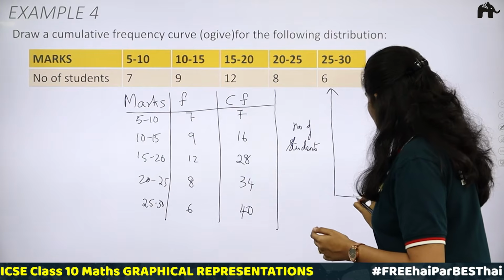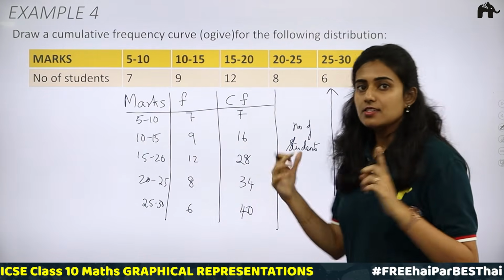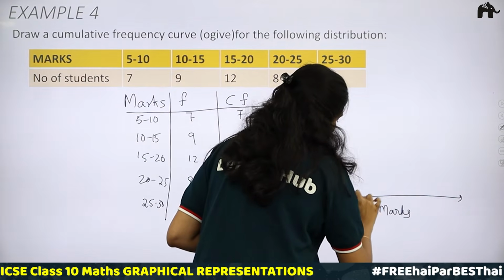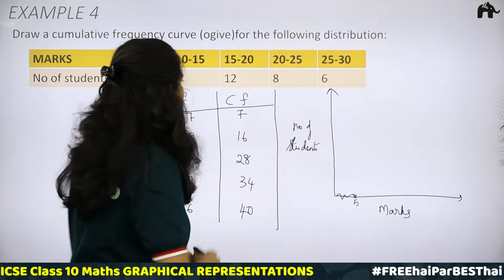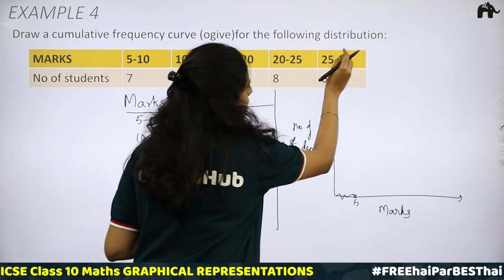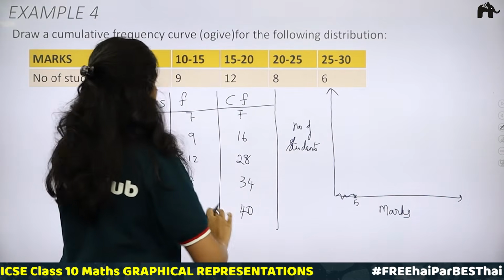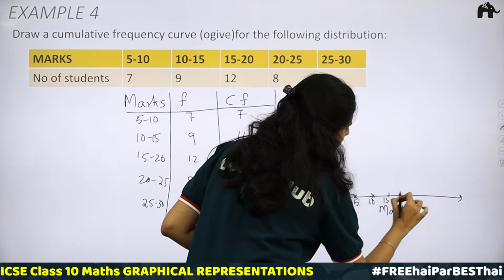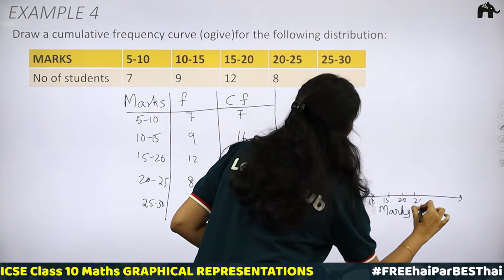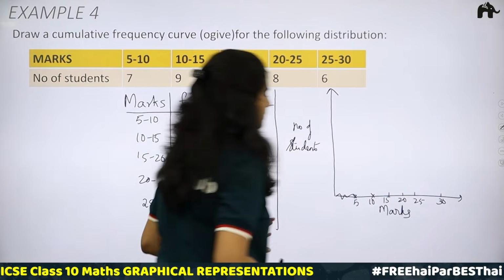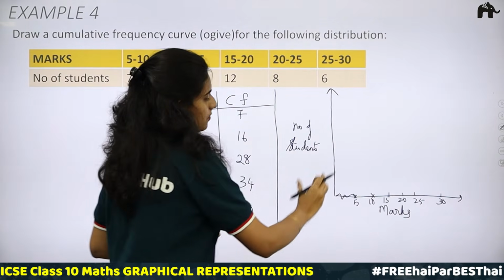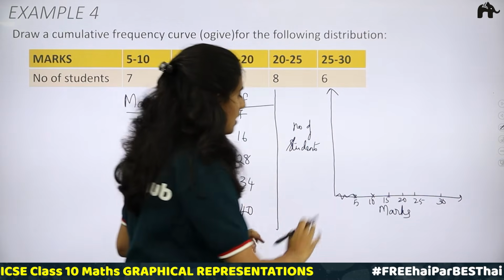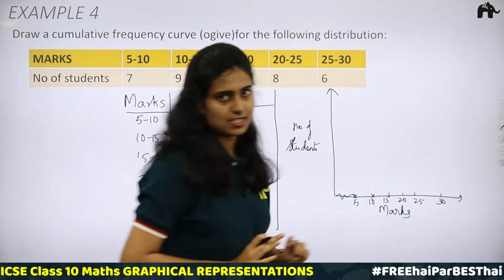Which means we have to start with the lower limit 5 here. 0 to 5 we don't have any values, so we put a kink mark here. Then up to the upper limit of the last interval should be considered: 5, 10, 15, 20, 25 and 30. So the cumulative frequency curve will start from a point on the x-axis.